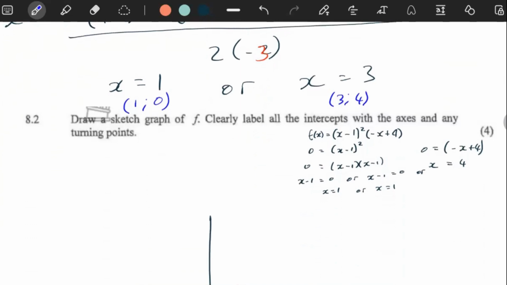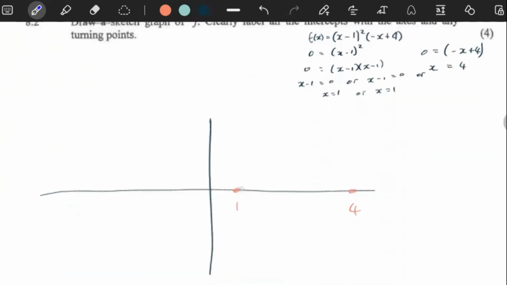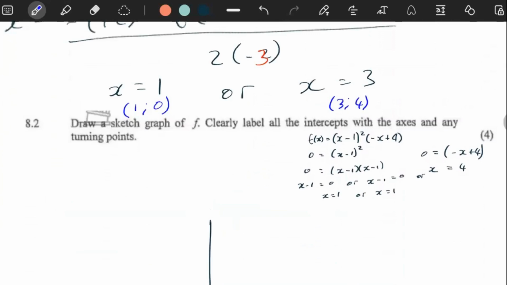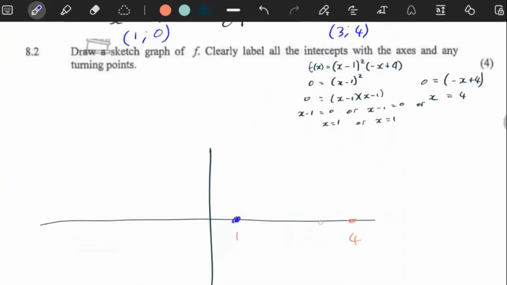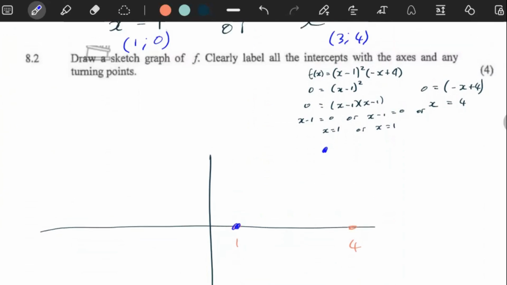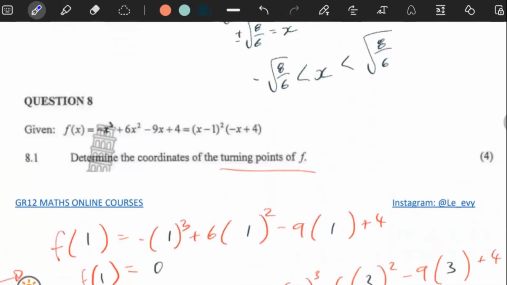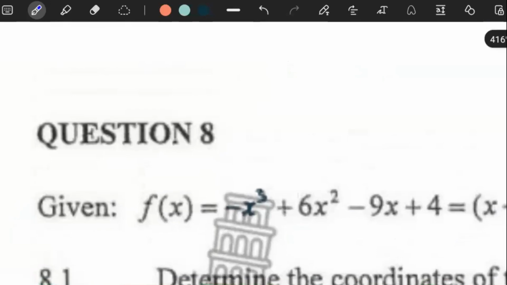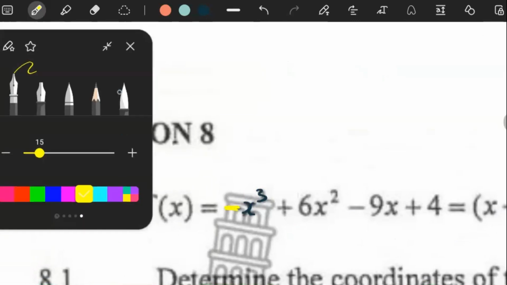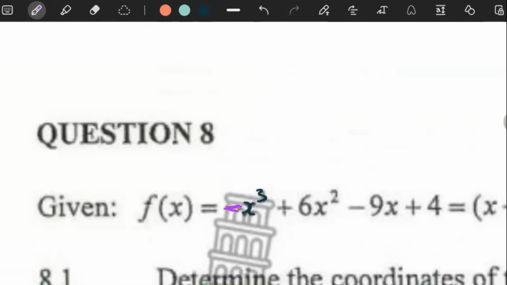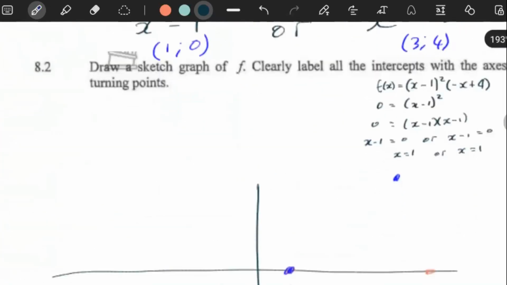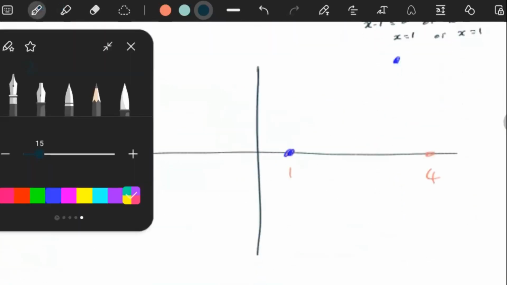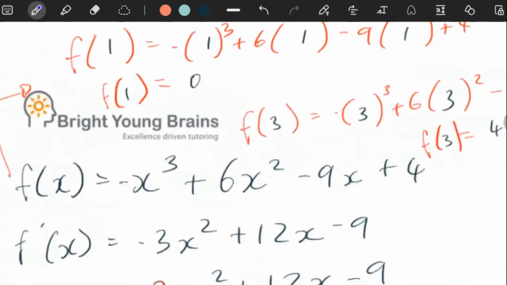In a situation like this, this is your first turning point, and the other turning point is at 3 coordinate 4, so that's somewhere up here. The other thing is your graph has a negative symbol here, right? And this negative symbol should tell us that the graph is going down first. You see, it's going down first.